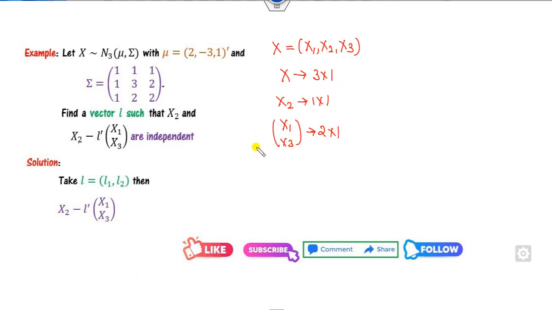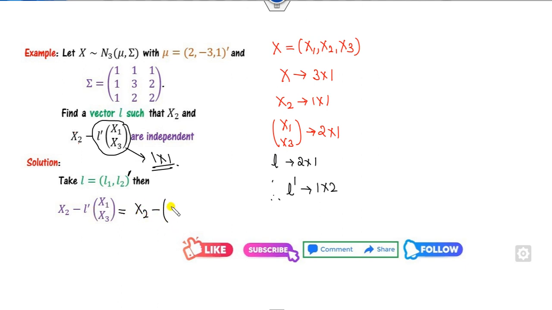X1, X3 is 2 cross 1. So what should L be? L should be 2 cross 1. Therefore, L dash will be 1 cross 2, and when you multiply them, this will be 1 cross 1. So L is L1, L2.